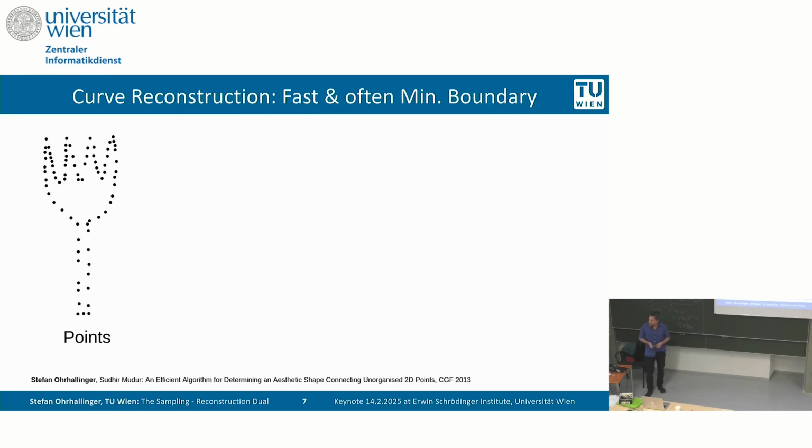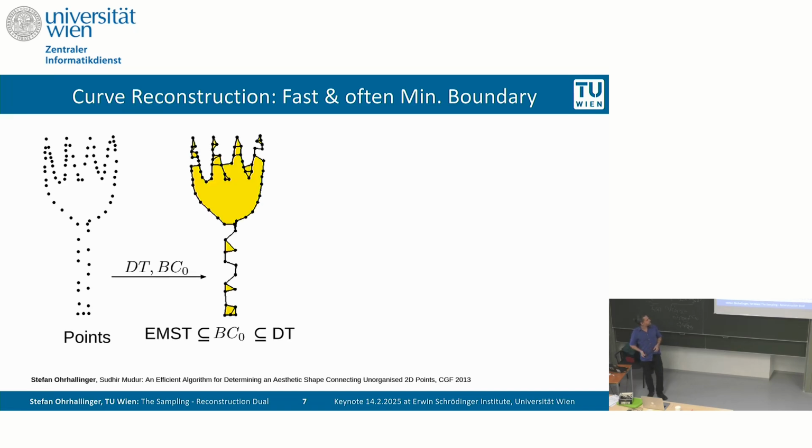So the next approach was to try to get close to this minimum length boundary, but do it fast with a guarantee. Again, we start with points, and then we do the Delaunay triangulation that I mentioned earlier, which we don't see here. And then we create something called the boundary complex. This is like the minimum spanning tree.